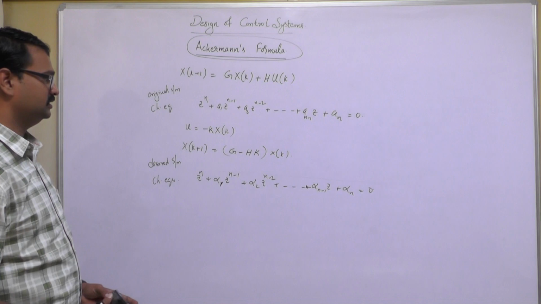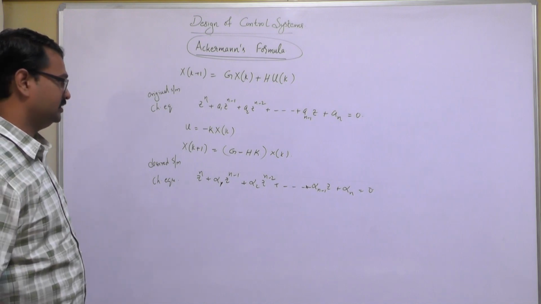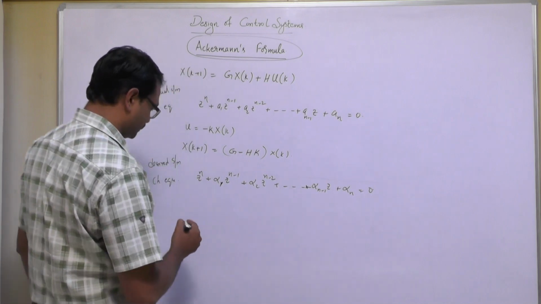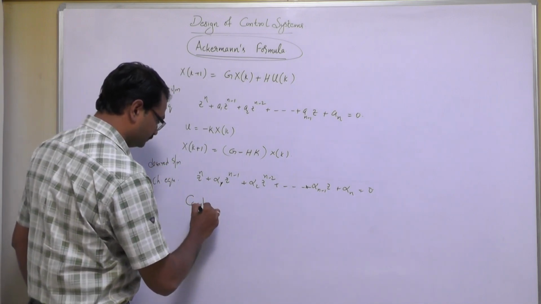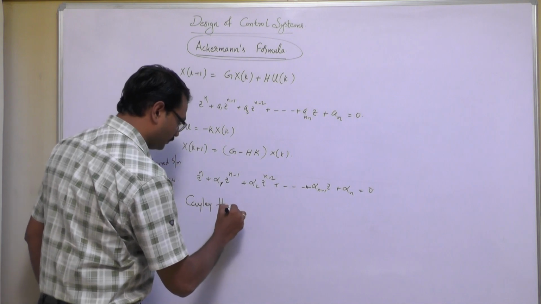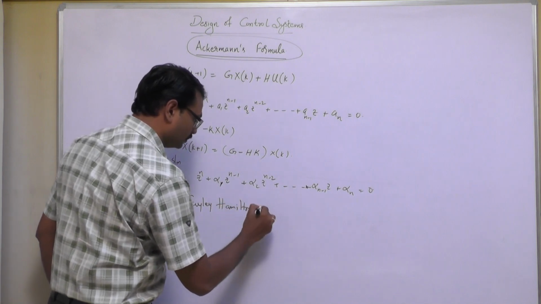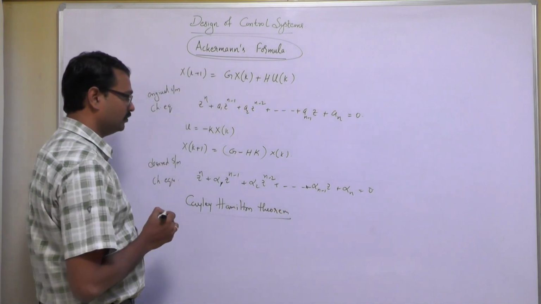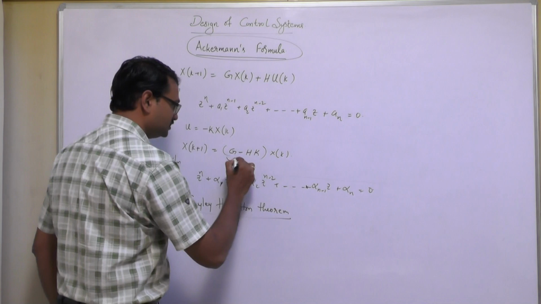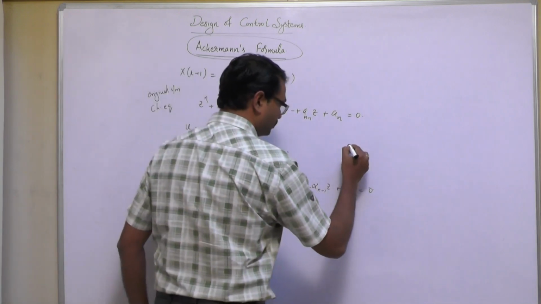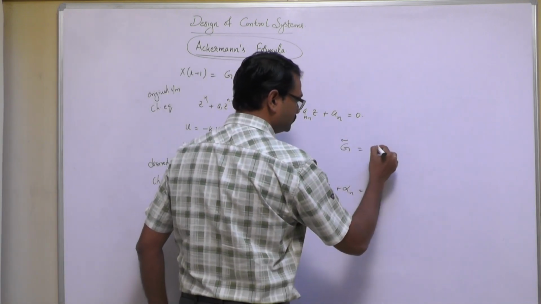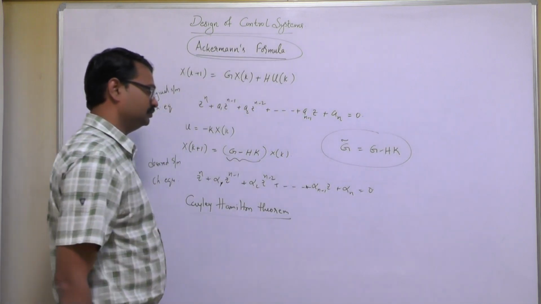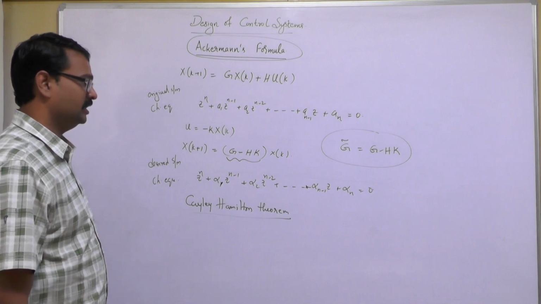Now these are the things which we have here. Based on the Cayley-Hamilton theorem, let me consider G minus HK as G cap. G bar is G minus HK. This is what we will assume.